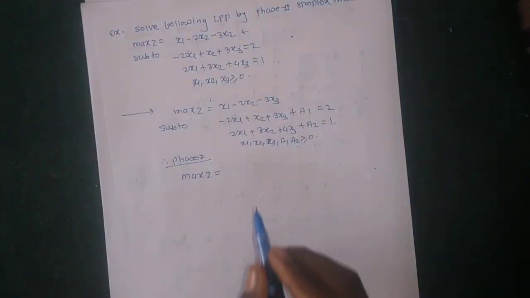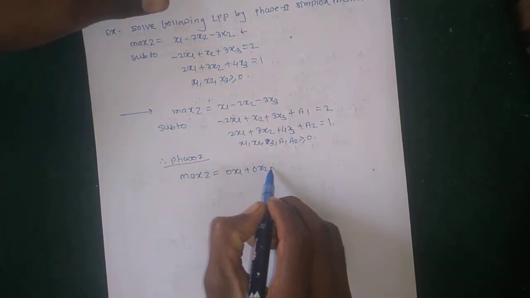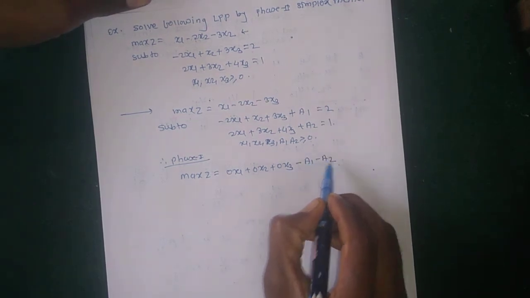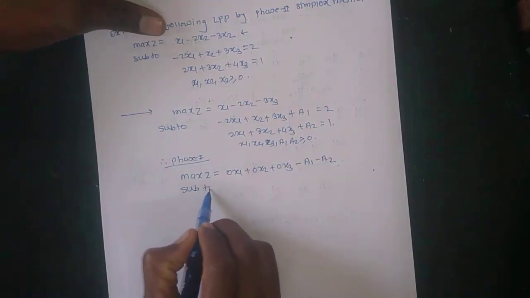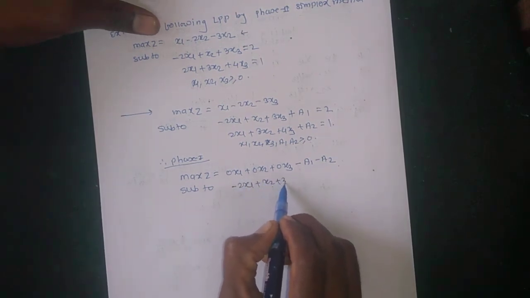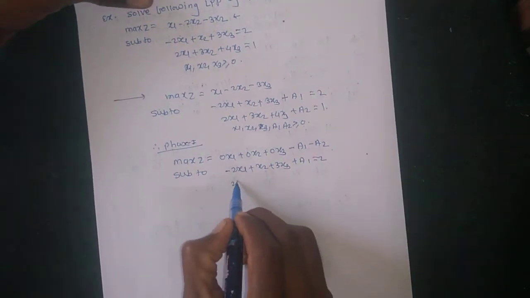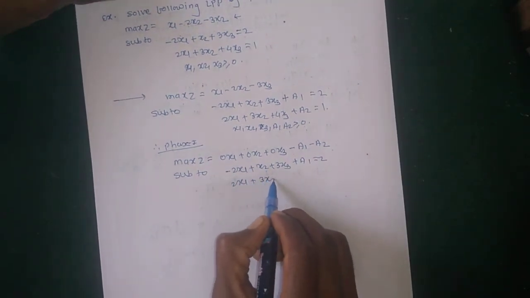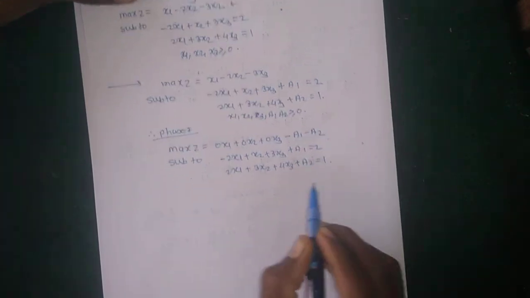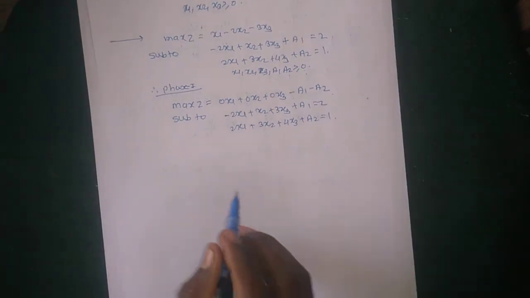So therefore maximum z is equal to 0x1 plus 0x2 plus 0x3 minus a1 minus a2 subject to constraints, written as it is: minus 2x1 plus x2 plus 3x3 plus a1 equal to 2, and 2x1 plus 3x2 plus 4x3 plus a2 equal to 1. Okay, so then find zj minus cj.